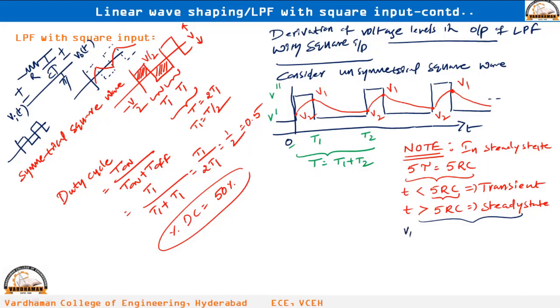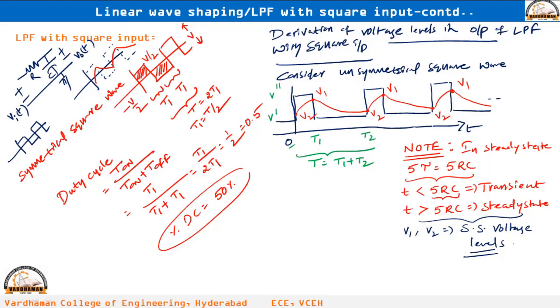So in this case V1, V2 are steady state voltage levels. That means after giving the input, I am not seeing the output immediately. I have given the input and I am waiting up to 5 RC seconds, that means 5 time constants amount of time. Then if you see the output, it is always charged up to V1 and discharging up to V2.